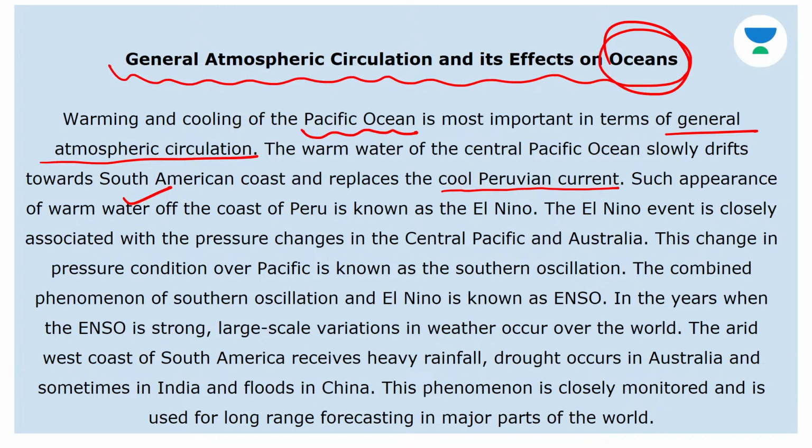Such appearance of warm water off the coast of Peru is known as the El Nino, and the El Nino event is closely associated with the pressure changes in the Central Pacific and Australia.